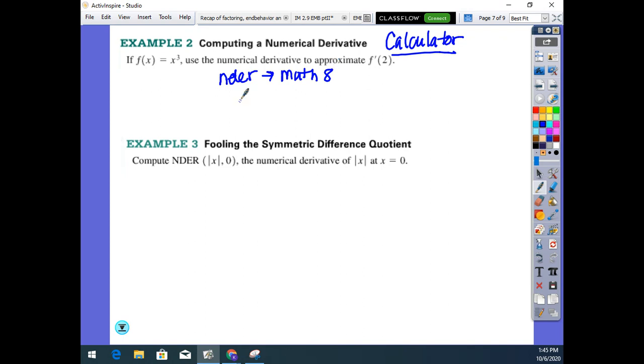So what we're going to do, you see D, and there's always a little cursor here you have to fill in. This always is going to be X. Every single time you're going to put an X there. This is where you put the function. So in this case, the function is X to the third. The function goes here at X equals the numerical value 2.